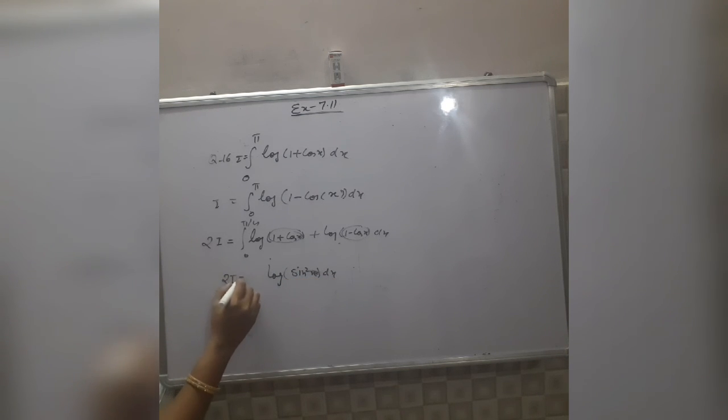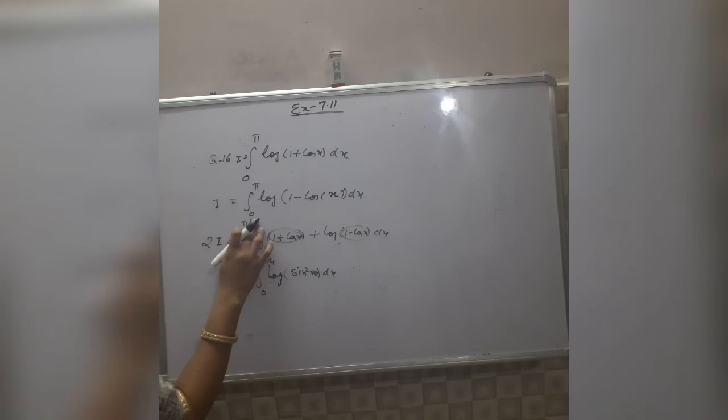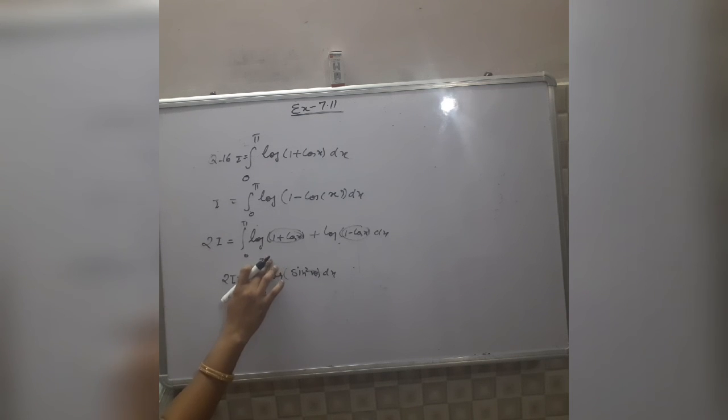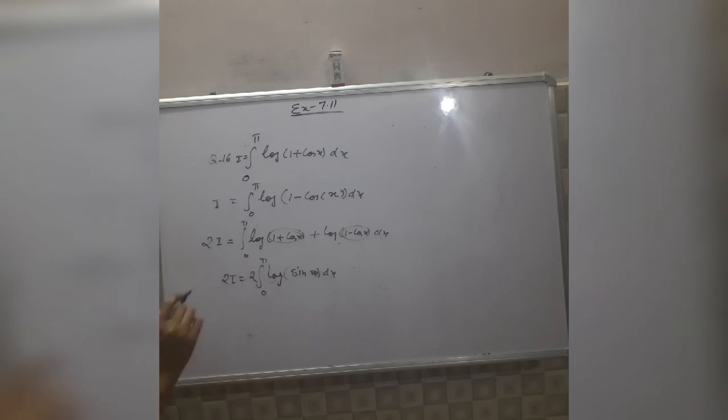So 2I is equal to the integration of log sin square x, where the limits are from 0 to pi, not pi by 4. In this sum the limit is 0 to pi, so it becomes log of sin square x, and this can be written as twice log sin x, and 2 is a constant term, so taking 2 common.